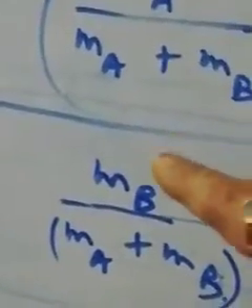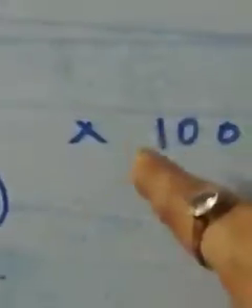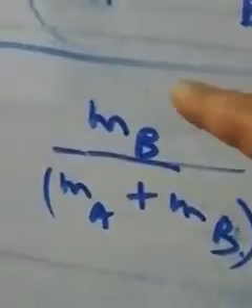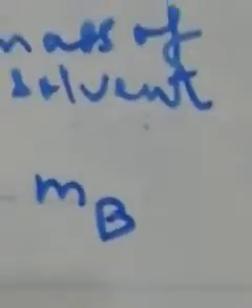Now, second point, mass percent of solvent. If we have to determine the mass percent of solvent, then it will be mass of solvent divided by mass of solution into 100. Similarly, Mb divided by Ma plus Mb into 100. What is Ma? Ma is mass of solute. What is Mb? Mb is mass of solvent.